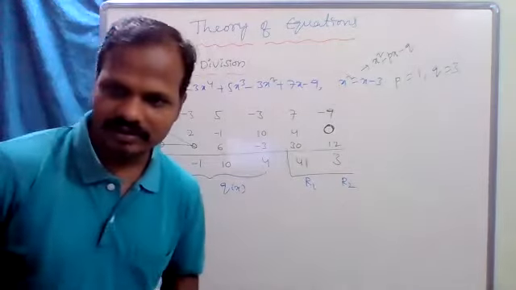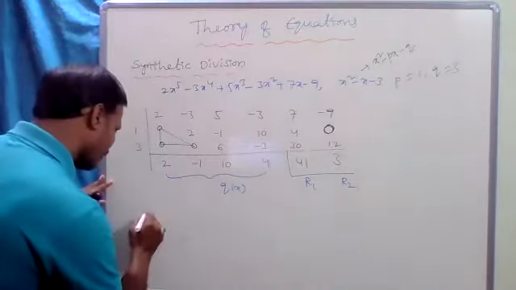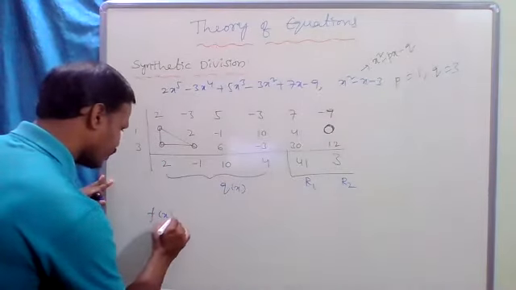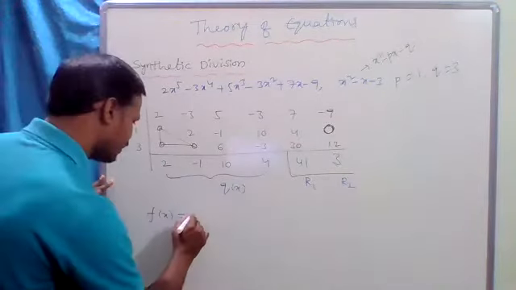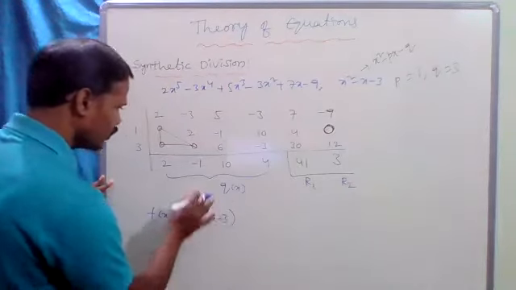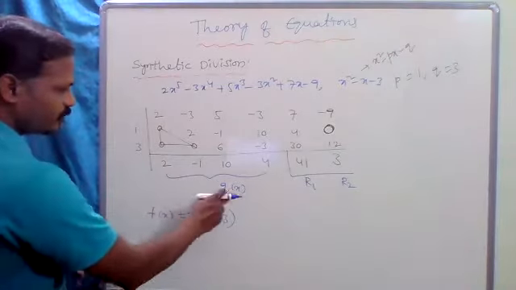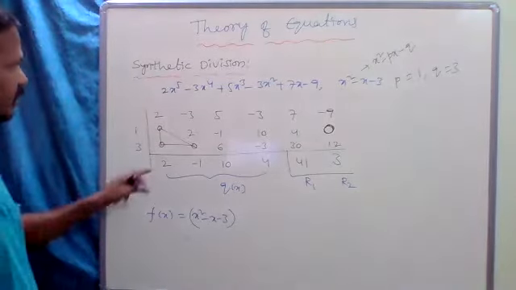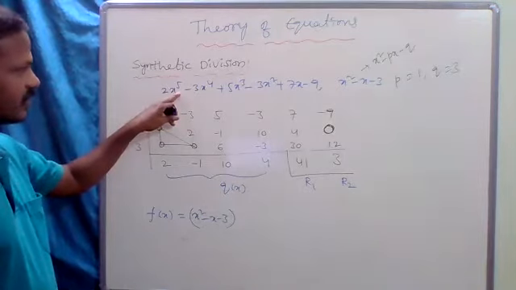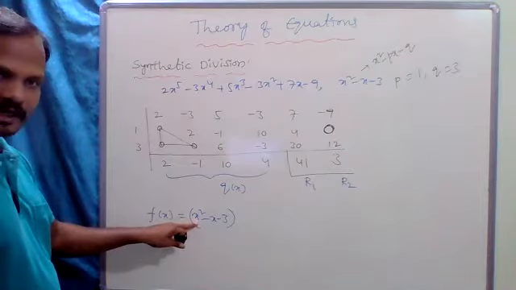Yes, very good, Sneha. Now f of x equals what can you write? x square minus x minus 3 into q of x. So what is the degree of q of x? It is obviously cubic, because this is degree 5 and we are dividing with degree 2.